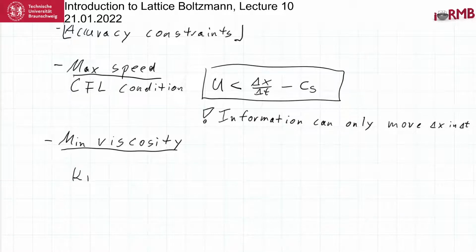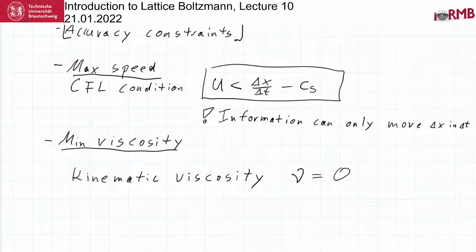We have to look at the definition of the kinematic viscosity, which is of course a parameter from our problem. So the kinematic viscosity is given, and we call it nu.